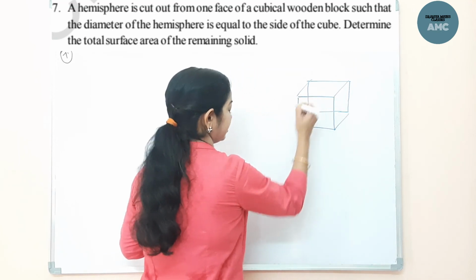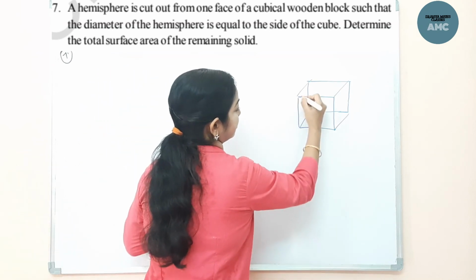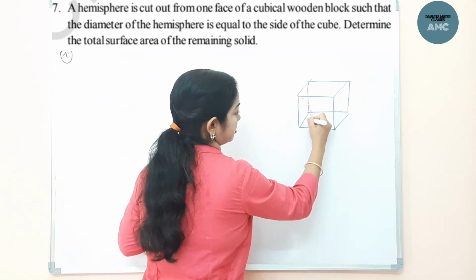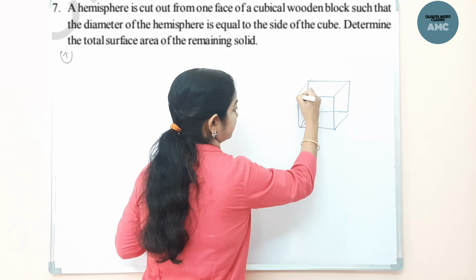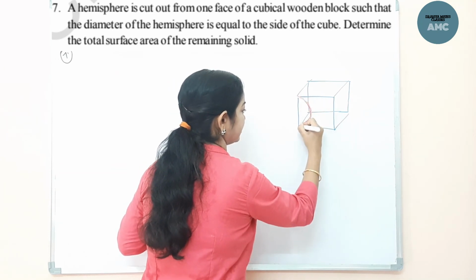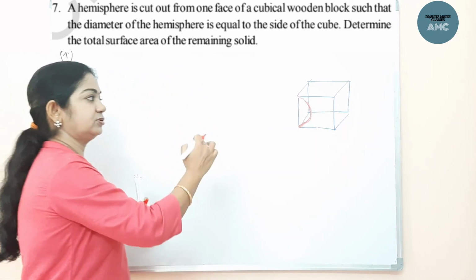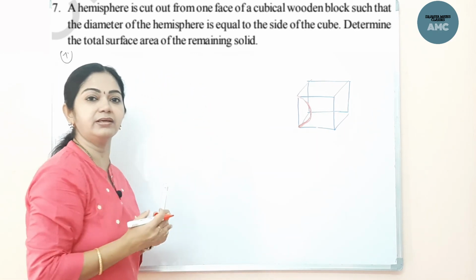Now a hemisphere is cut here. Let me draw it. A hemisphere has been cut. If you see, this is the hemisphere cut from the cube. Now we have to find the total surface area of the remaining cube.